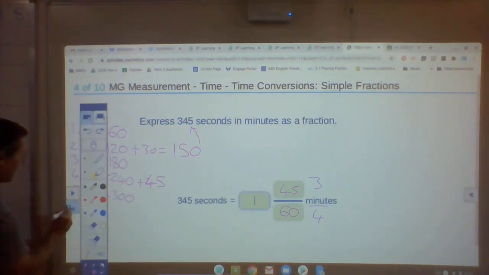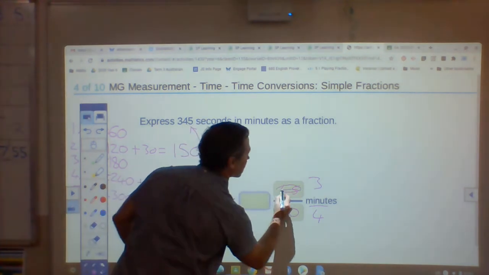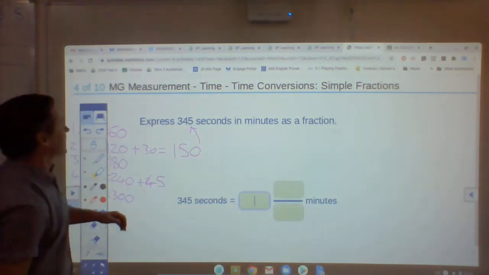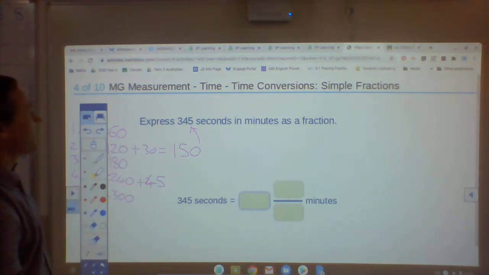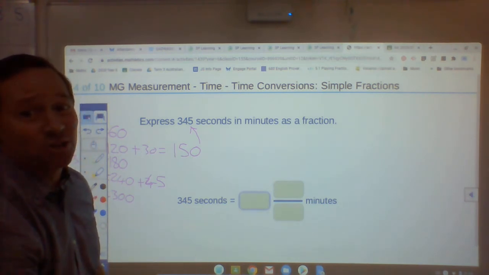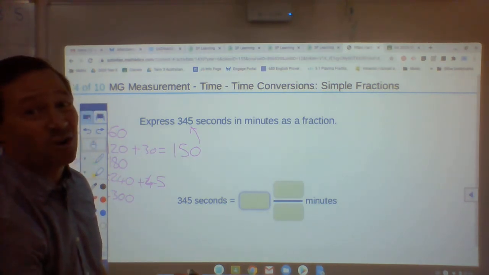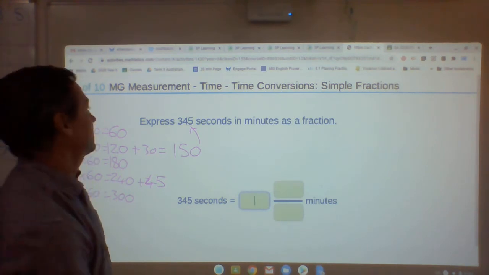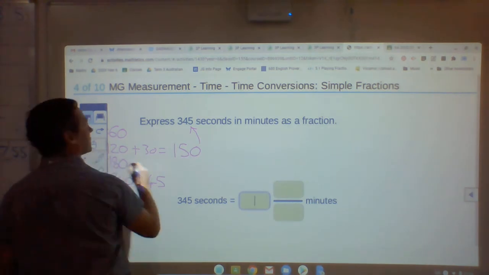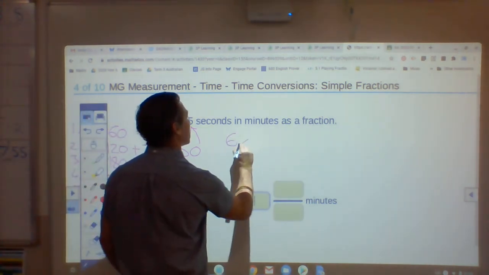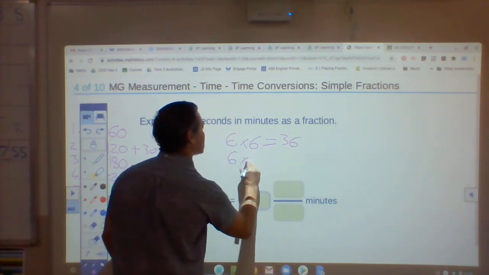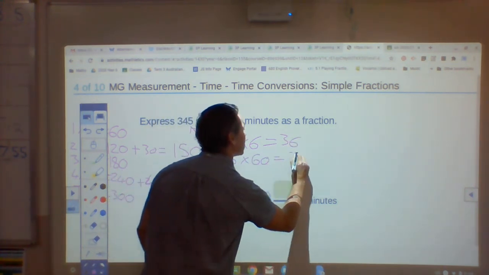Get rid of some of these here. Get rid of this, get rid of that. Alright, next one. It says express 345 seconds in minutes. Well, I know 6 times 6 is 36, so 6 times 60 equals 360.